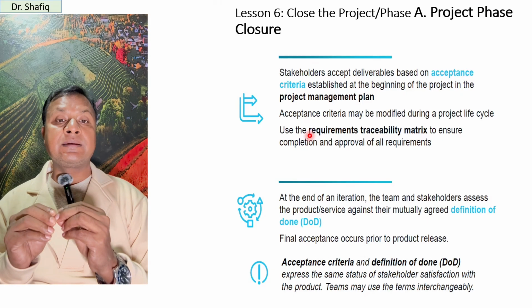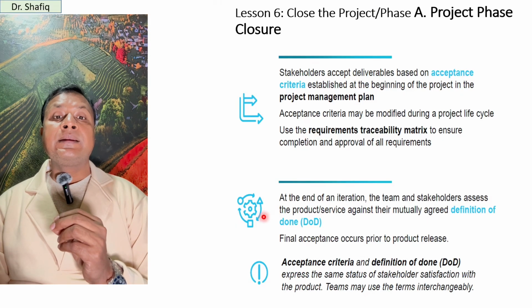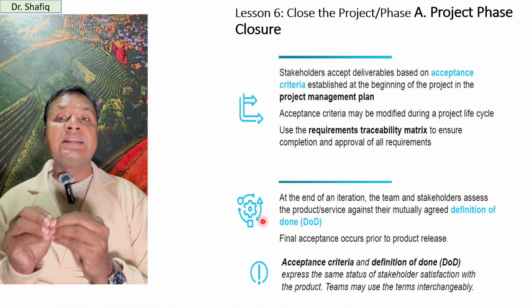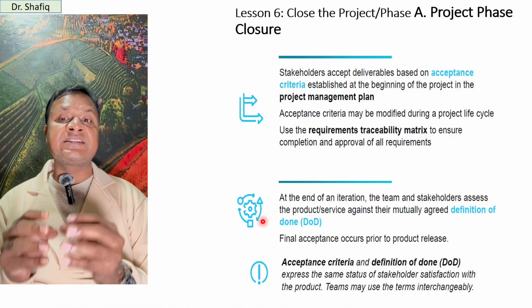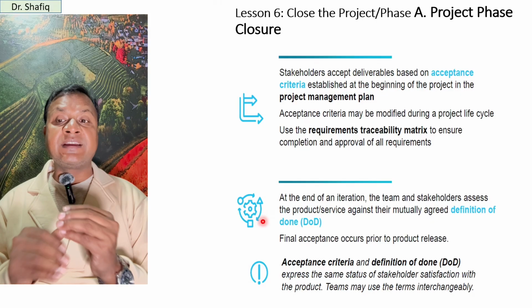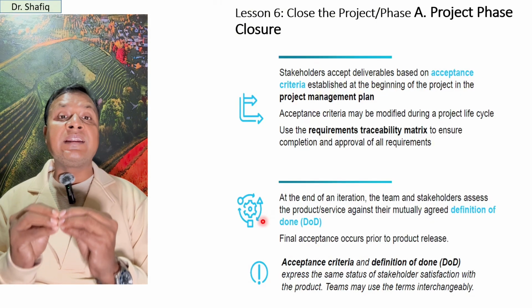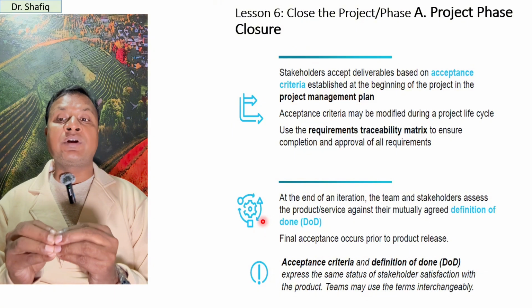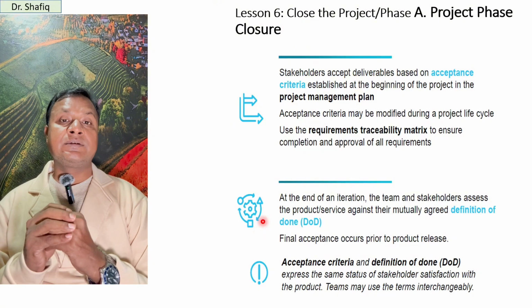On the other hand, in the adaptive approach, at the end of each iteration, the team and stakeholders assess the product or service against their mutually agreed definition of done. So final acceptance occurs prior to the product release.